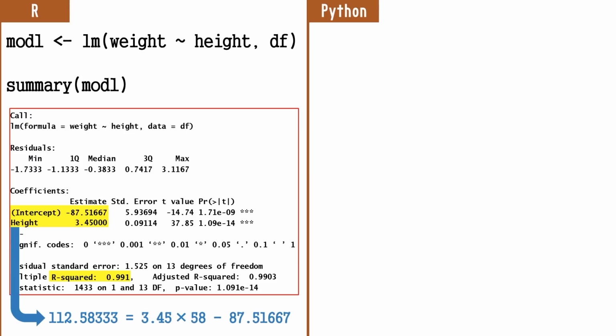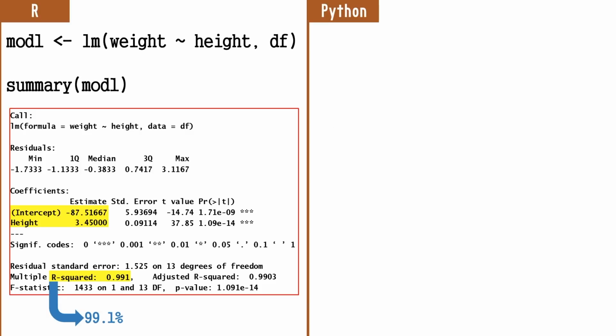When we plug 58 into our prediction equation, we get about 112.5 pounds, which is fairly close to the actual value of 115. Our 0.991 R-squared value indicates that our model accounts for 99.1% of the variance in weights.